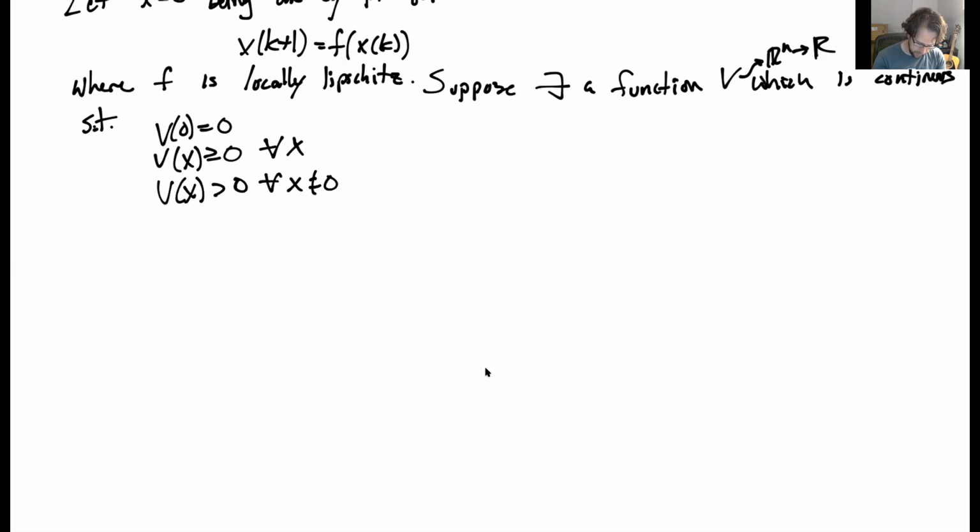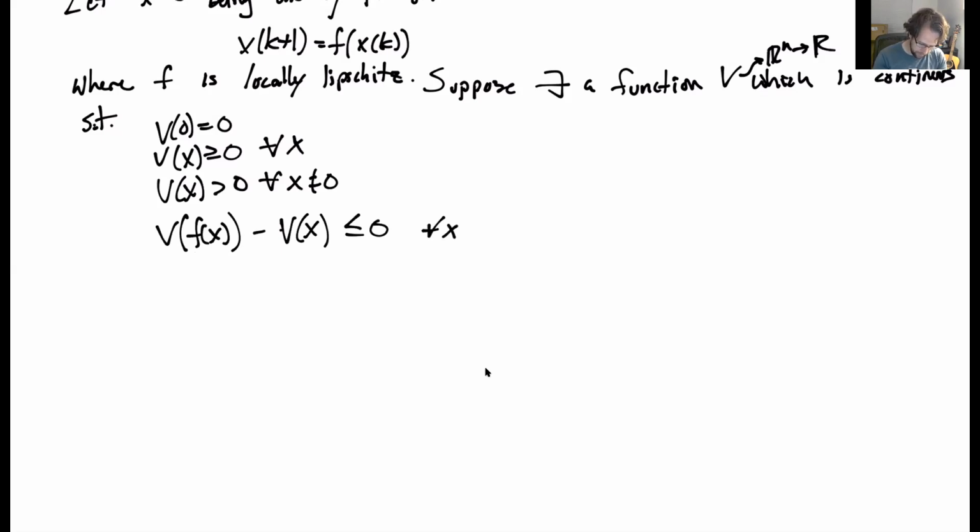So you have the change in V, right? Because we're not dealing with a continuous system anymore. We're going to look at the difference between the mapping of the system and the state. Okay, and we want this to be less than or equal to 0 for all x. If this is true, then the equilibrium point 0 is just stable.